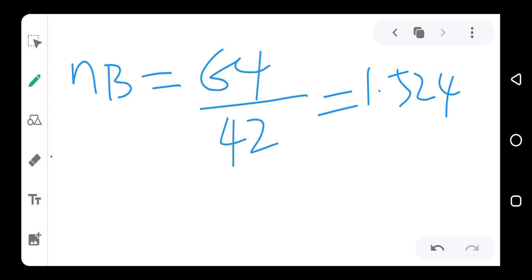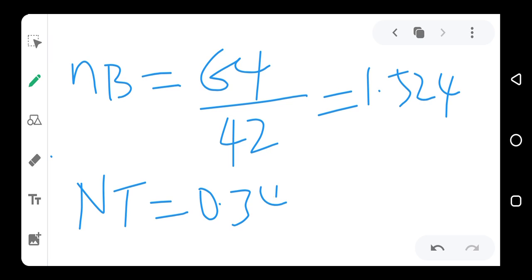Now we have Na and Nb. We have the different numbers of moles. Now we can combine the two of them to get the total number of moles. So total number of moles Nt is now equal to 0.3441 plus 1.524.